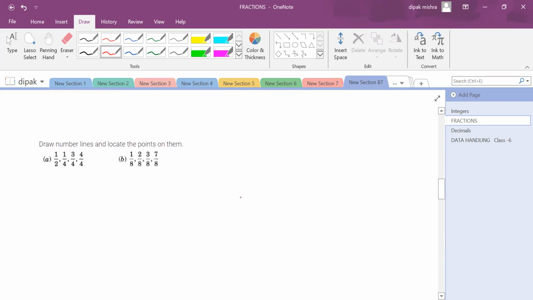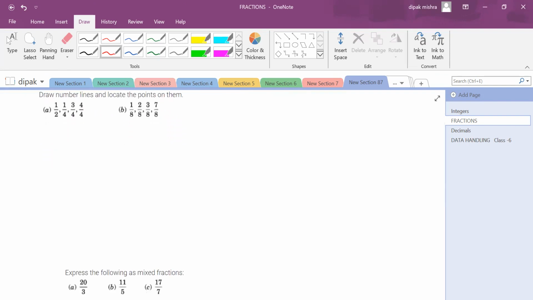Next, draw number lines and locate points on them. So how will you draw the number lines and locate points on them? For the first question, you can think of this as a number line: 0 by 4, 1 over 4, 2 over 4, 3 over 4, and 4 over 4.